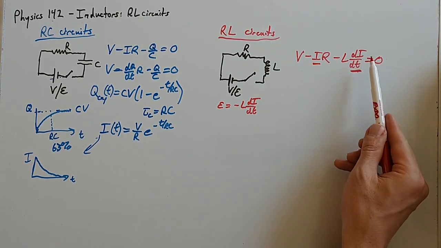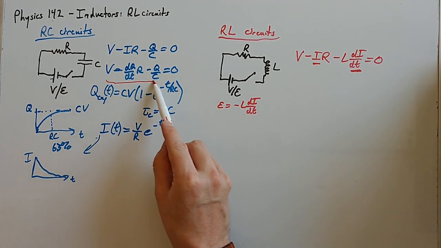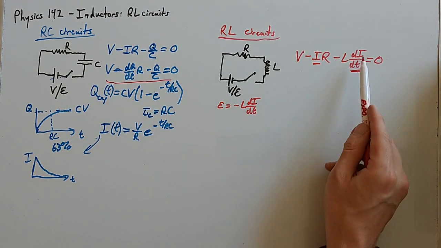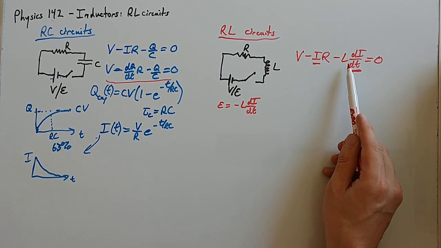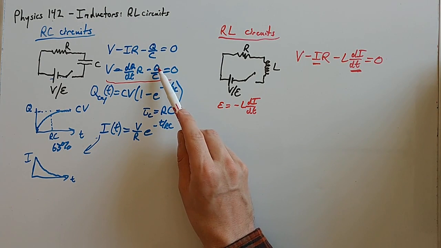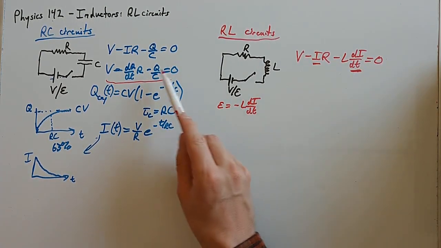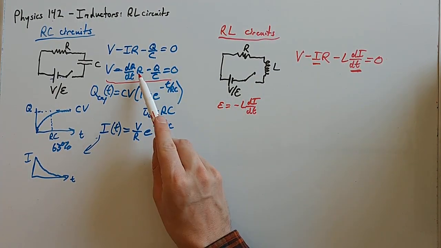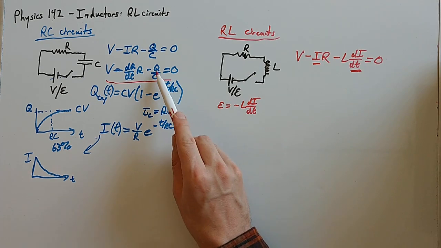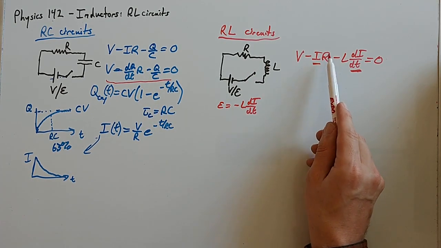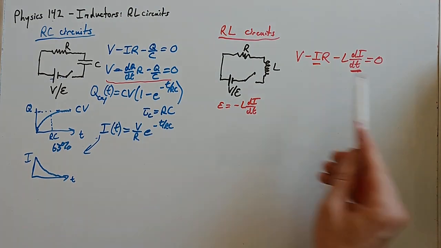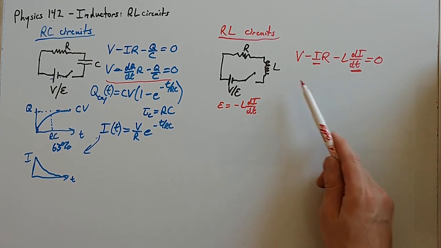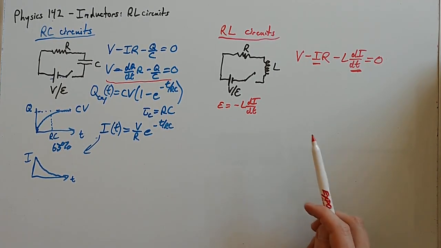If we compare this equation, it actually looks really similar to this charge equation. dQ/dt is like dI/dt, except instead of an R, I have an L, and instead of Q, I have I. So this is an equation in I, not in Q. This one has an L instead of an R, and this 1 over C and R are kind of the same. R here is the same as 1 over C. So if you end up solving this, it basically is the same differential equations math. You just have different constants in it.